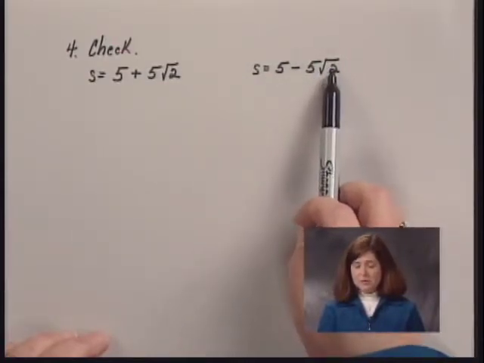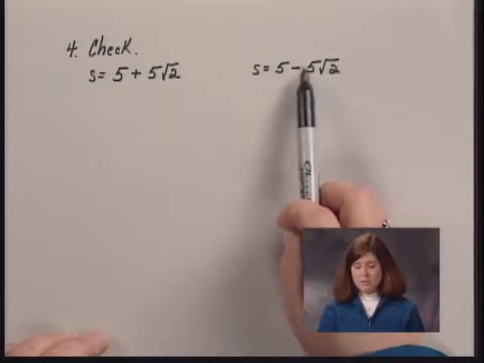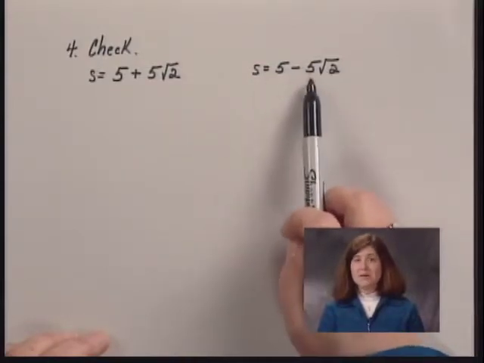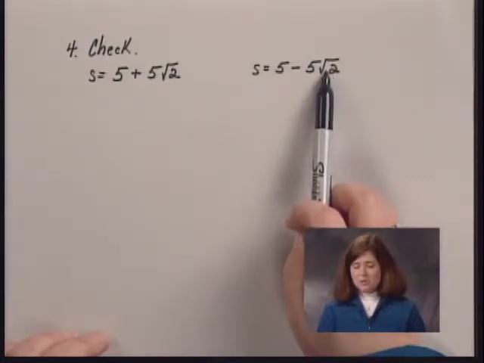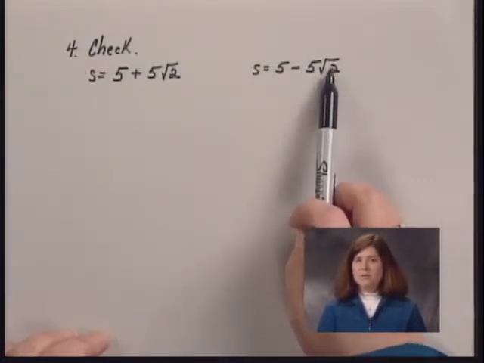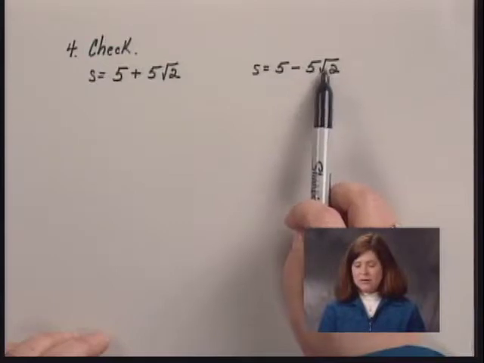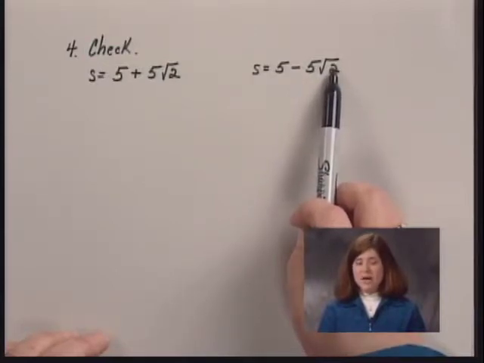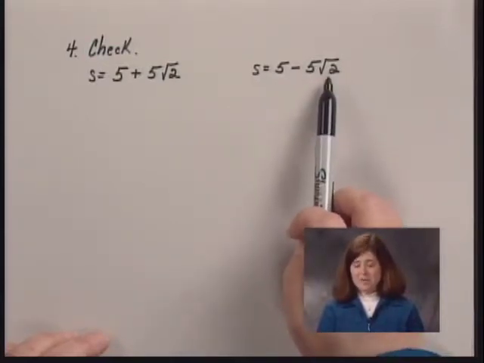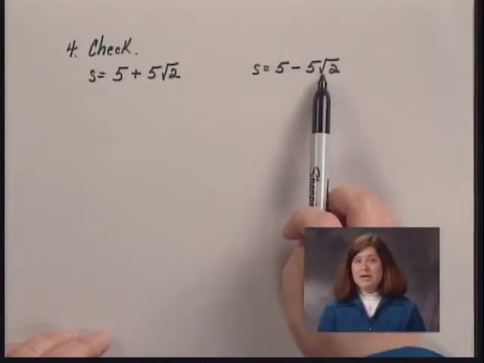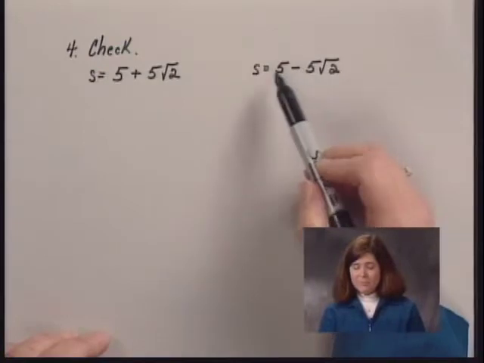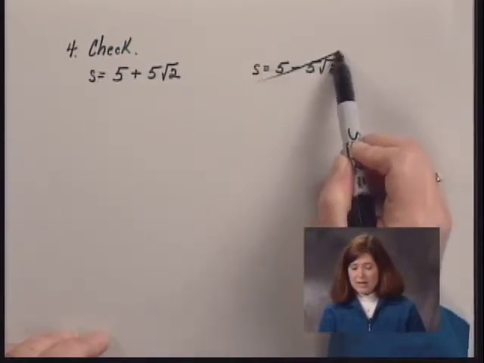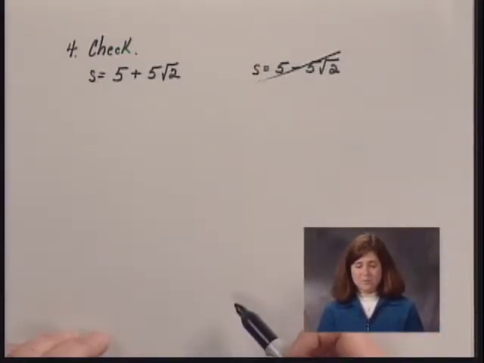If 5 times the square root of 2 is a larger number than 5, then this difference will be negative. 5 times the square root of 2 is 5 times something greater than 1. So 5 times the square root of 2 will be greater than 5, and the difference will be negative. If it's not obvious, you could take a calculator and estimate this, and you would also find that it's negative. So that is not a possible solution.